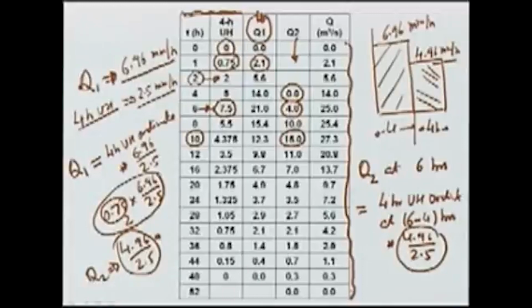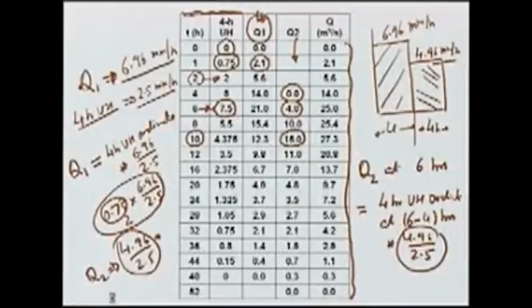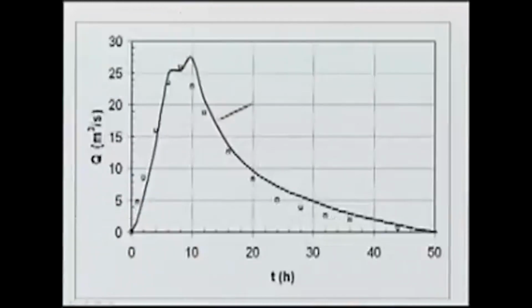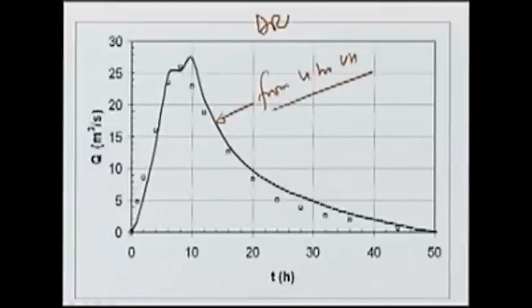So, in this way we can superimpose any number of rains provided they are all 4-hour duration, and we can plot this. This is from the 4-hour UH, so this is the DRH.